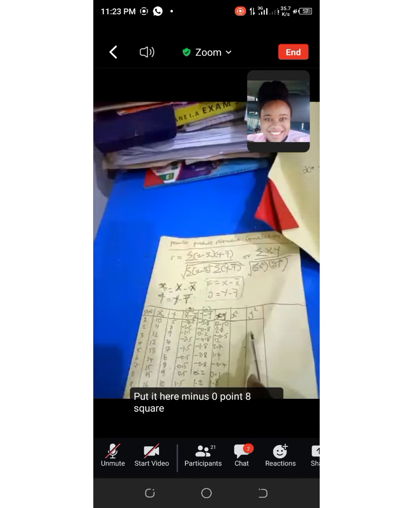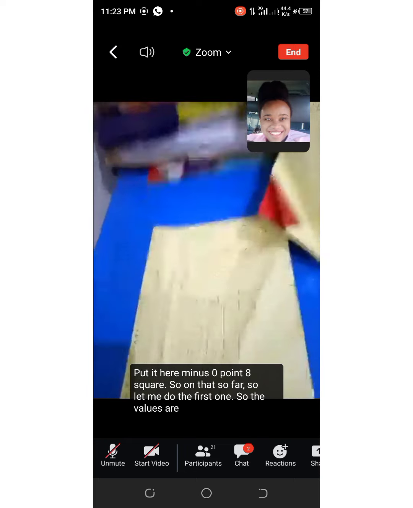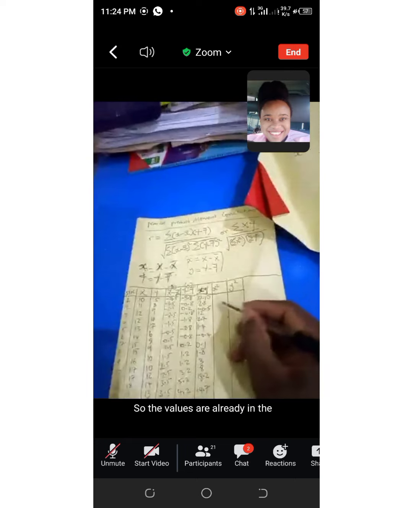So let me do the first one. The values are already in the course material, so I will just write them down.